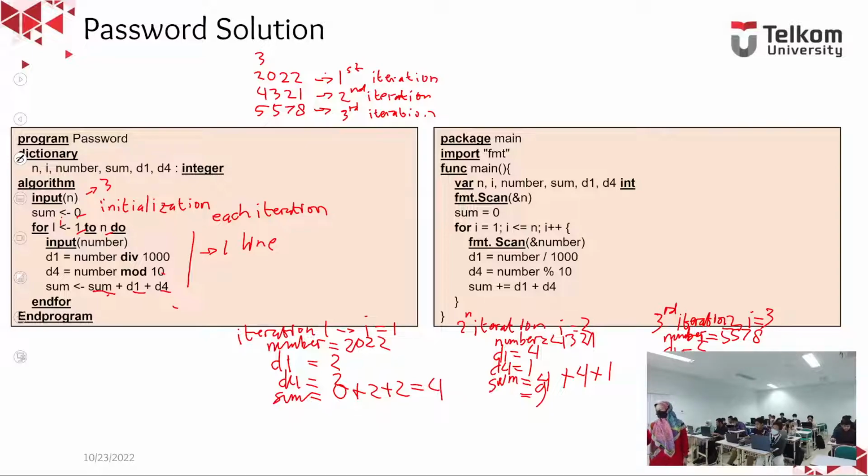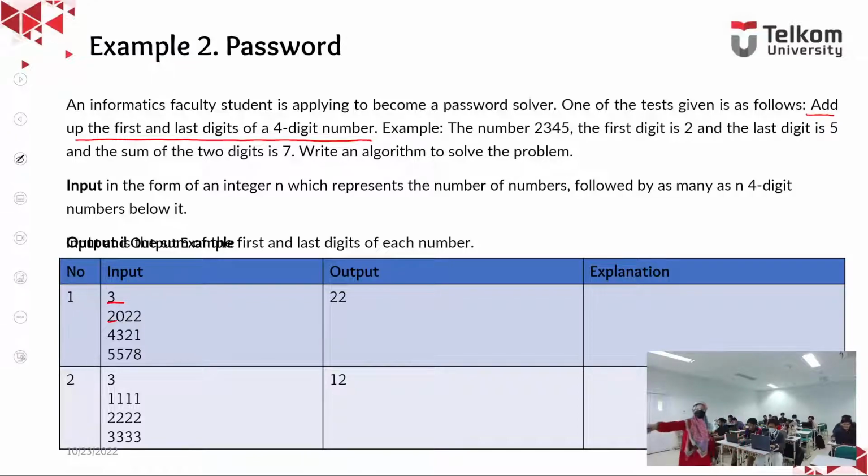What is the value of D4? 8. What is the value of sum? The previous value of sum is 9 plus 5 plus 8 equals 22, right? Okay, go back to the previous slide, please. Okay, the answer is 22.